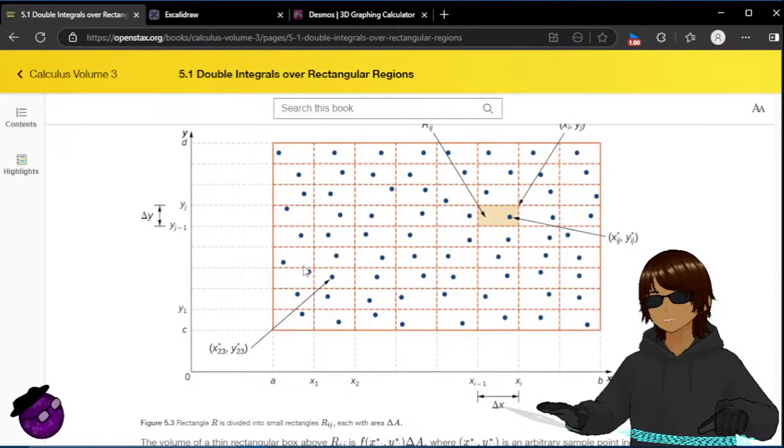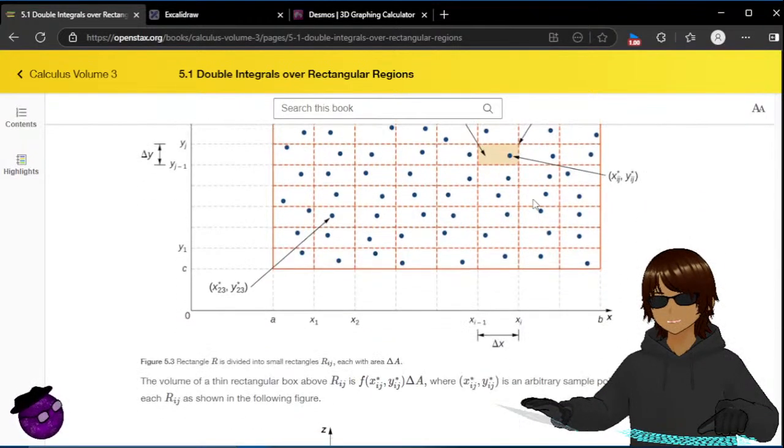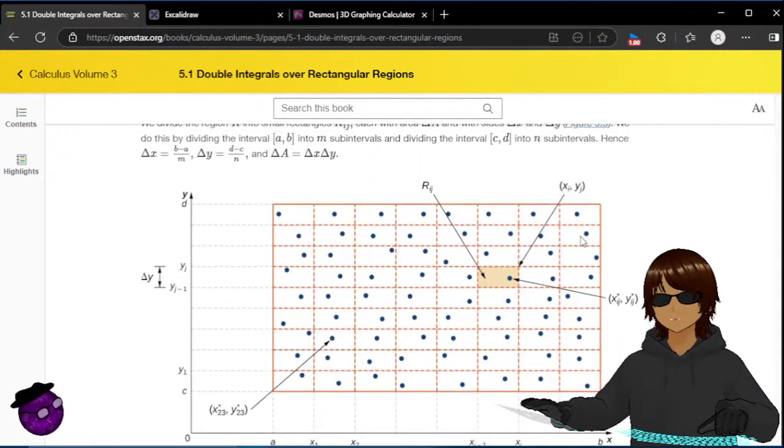So the first column and the first row at the bottom are both 0. This is Rij. This point is (xi, yj). This is a point in Rij. Hold on.